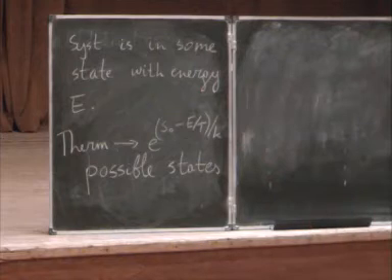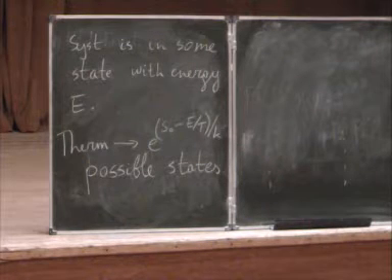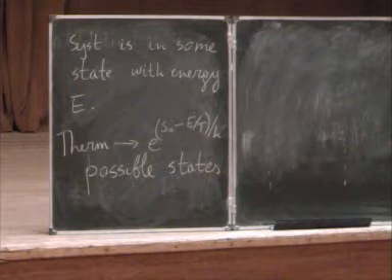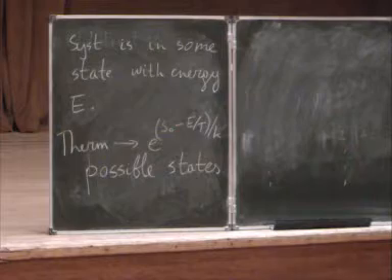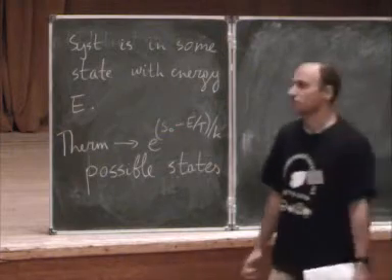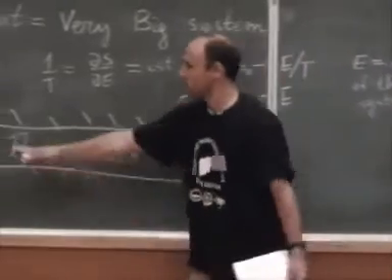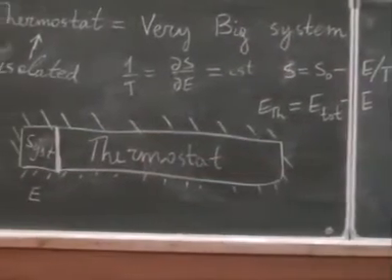And according to the main postulate of the last lecture, all states have the same probability to occur. But that is for all states of this complete system, of the system together with the thermostat.